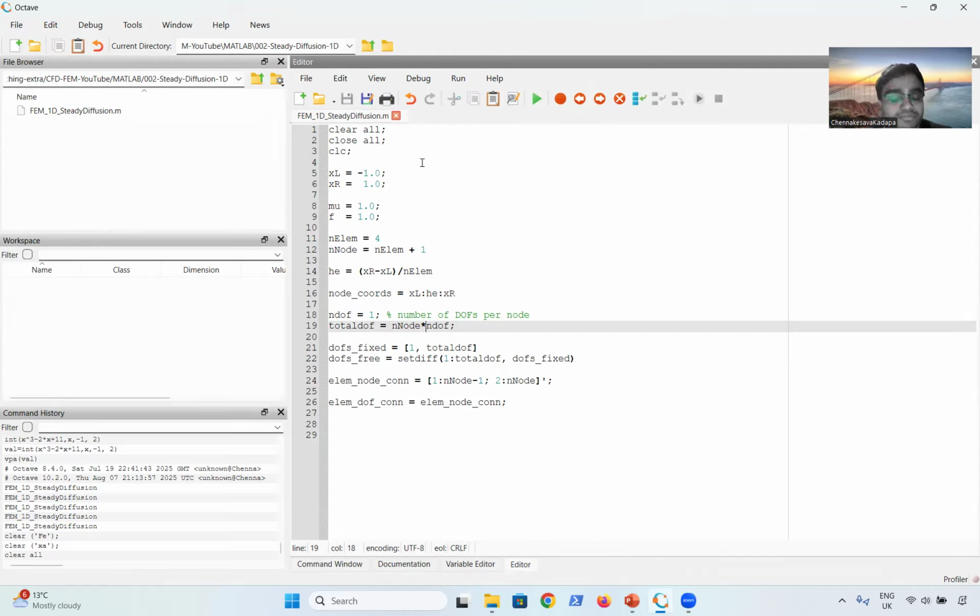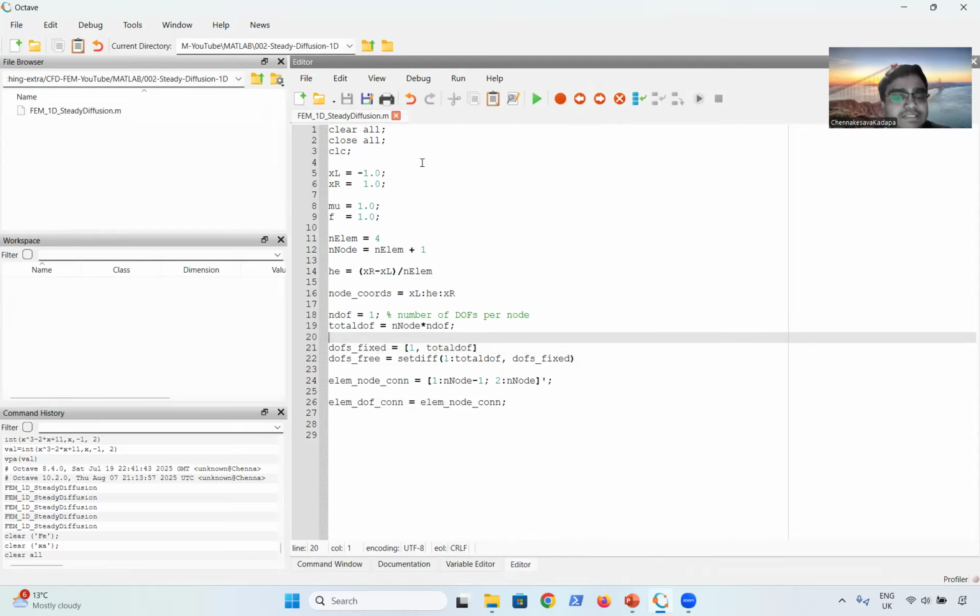When we solve problems like Stokes flow and Navier-Stokes, we need more than 1 degree of freedom per node, so there it would be helpful. It's better to cultivate this habit of calculating the total degrees of freedom based on the number of degrees of freedom per node and the number of nodes.